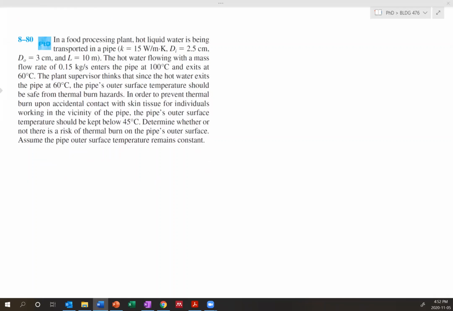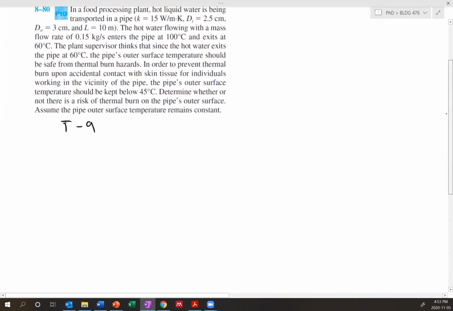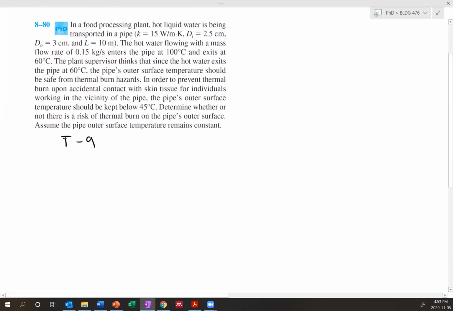All right. So similar process. So for water, it doesn't say, oh, there's table A9. Never mind. So we're going to go to table A9 and we're going to get our properties for water. And this time we're going to do it at our bulk mean temperature.